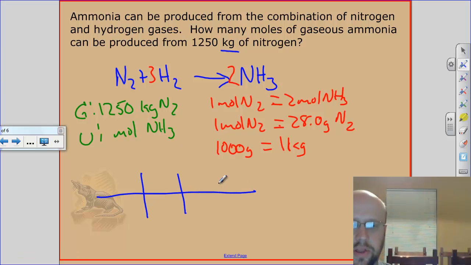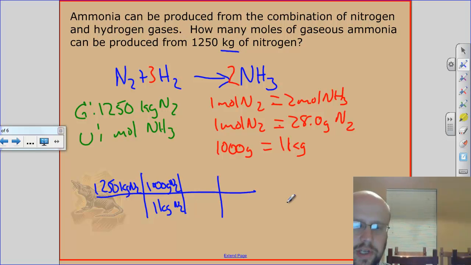Okay? So plug it in. The only thing really different here is that we started with kilograms, but that's okay. 1,250 kilograms. Got 1 kilogram on the bottom and 1,000 grams on the top. Technically, those are of N2, so I'm going to plug those in that way. Okay? And then we use the molar mass of N2, 28 grams of N2, and then we've got 1 mole of N2 up top. And then we use our mole ratio.